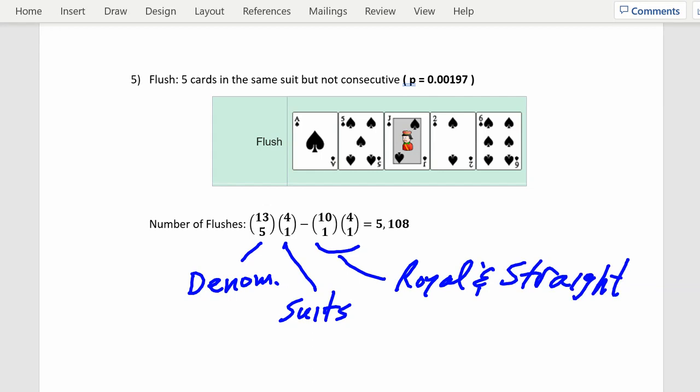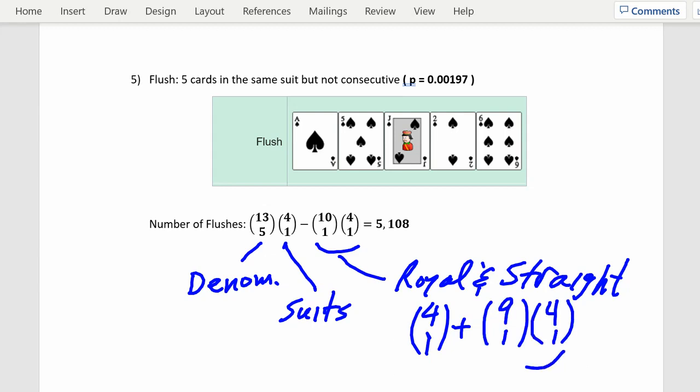And when you do that, the total is going to be 5,108. And I'll show you what we already did. Let me go back up. Remember the number of royal and straight flushes we had? Okay, let me recall what they were. For the royal flush, we had 4 choose 1. For the straight flush, we had 9 choose 1 times 4 choose 1.